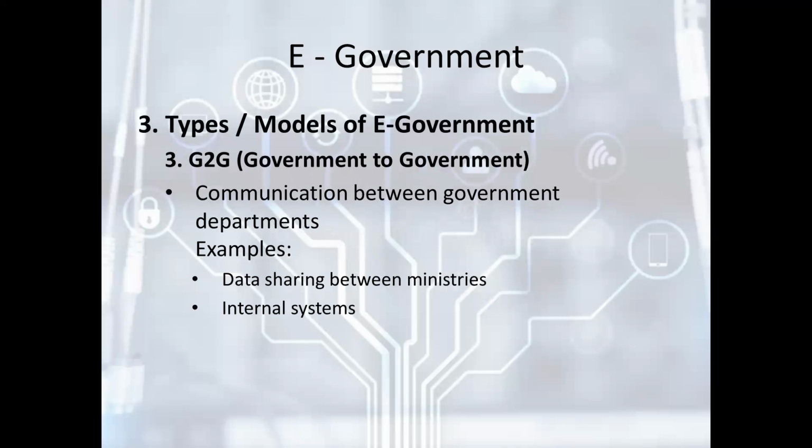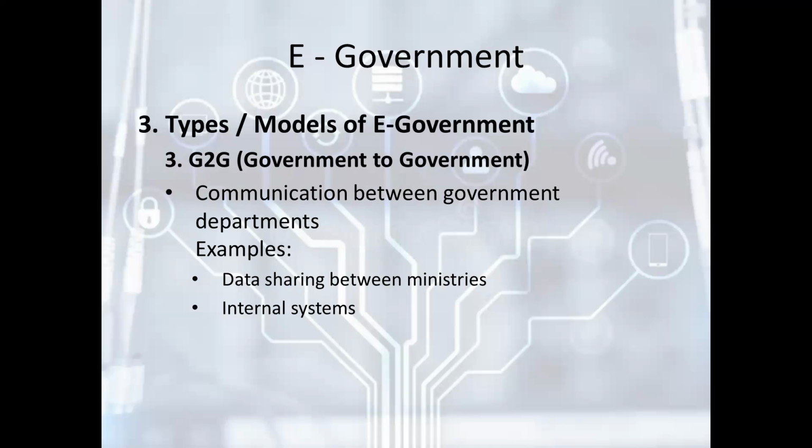Types and models of e-government. We are discussing the third model, government to government. Communication between government departments, data sharing between ministries, and internal systems. Data sharing between ministries means that if you register in the registration of people's department, you don't have to register again in the motor traffic department.